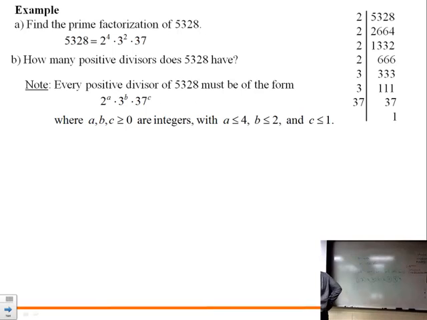So every positive divisor of this. So here's the thing about divisors. If A divides B, well, A is going to have some prime factorization, right? It's going to be, let's say, Q1 to the E1, up to Qn to the En. So the Q's are primes and the E's are exponents.